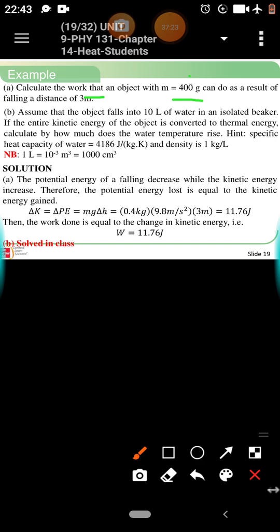The density is 1 gram per liter. Then they give you the conversion where 1 liter is equal to 1000 cubic centimeters.